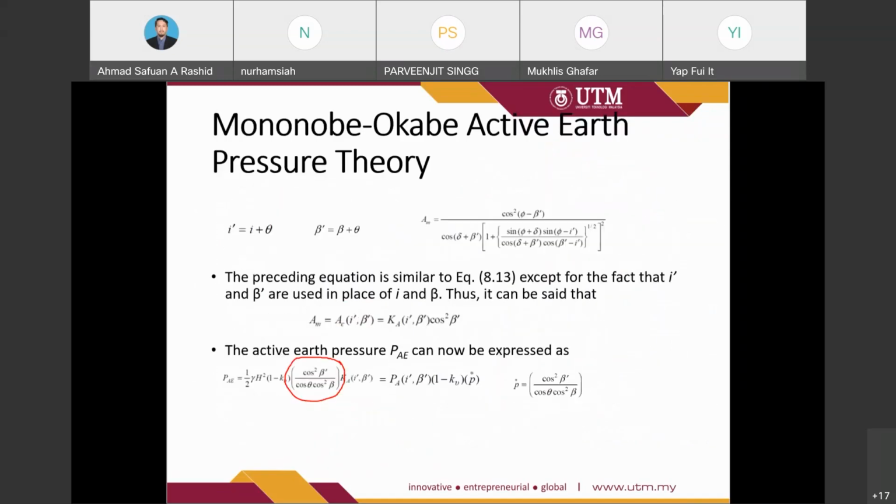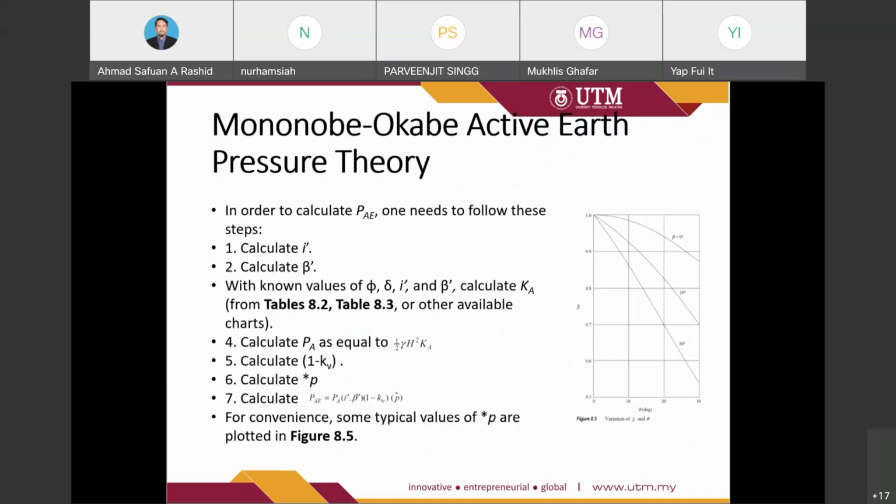In order to get I prime, we need to know theta as well. Then calculate beta prime. With known values of phi, theta, I prime, and beta prime, we may calculate KE from table 8.2, 8.3 or other available chart.